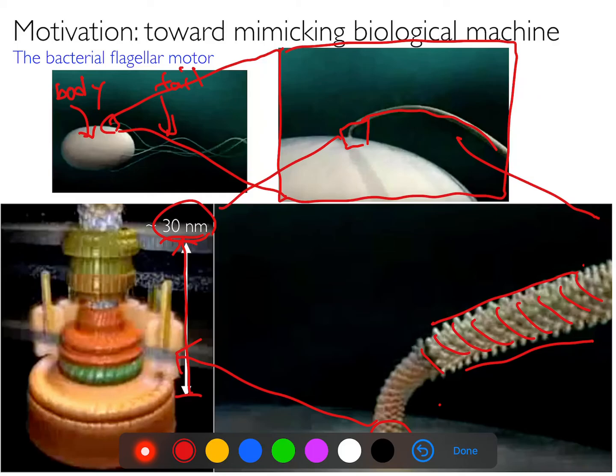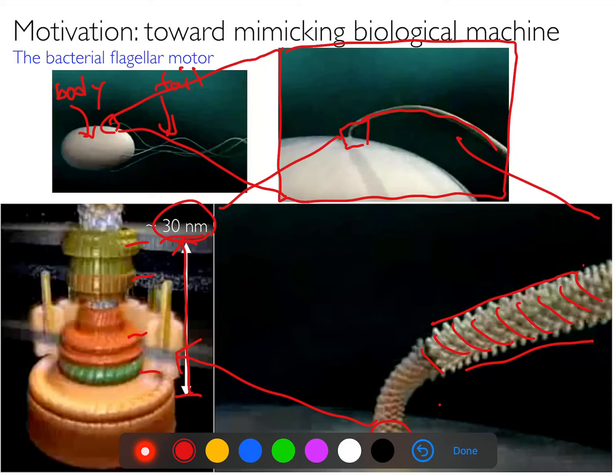But amazingly, we can see several gears here, coaxially stacked and rotating against each other. Okay, so this assembly of several gears is programmed to rotate in a highly precise way.